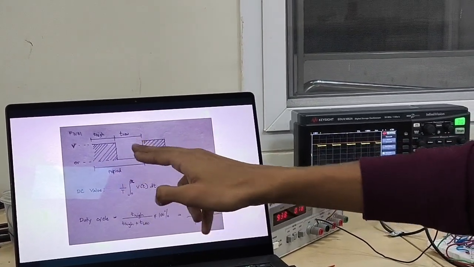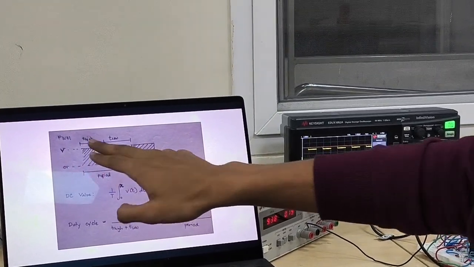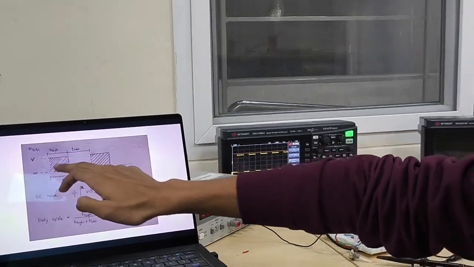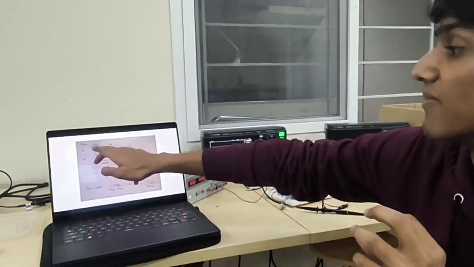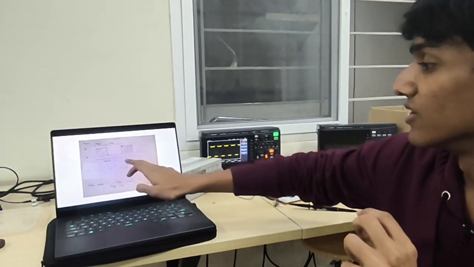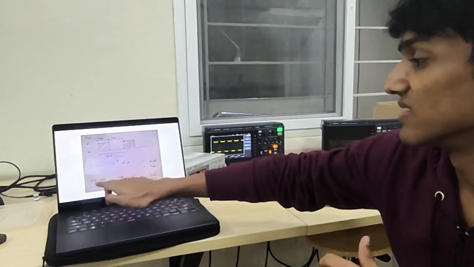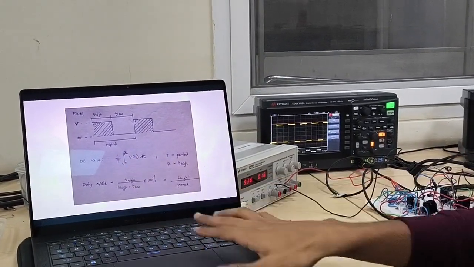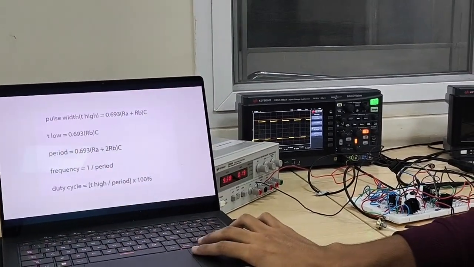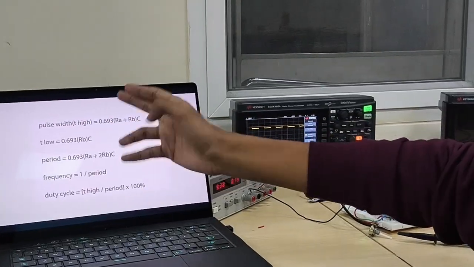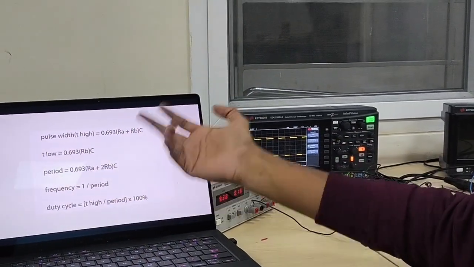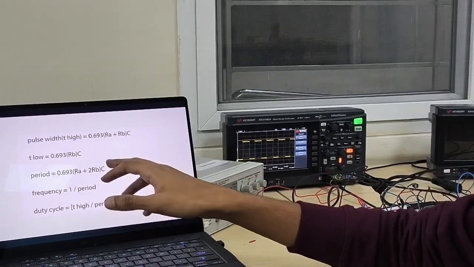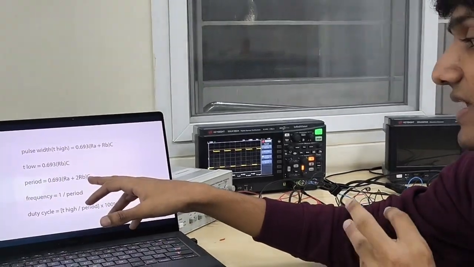The duty cycle is the time when the wave is high, T high, and we can control how much longer high is than low using the potentiometer. This is the formula we use to calculate the duty cycle, and these are the formulas we use to calculate the pulse width, the time when it's low, and the period of the whole thing. Here RB is the potentiometer we use.